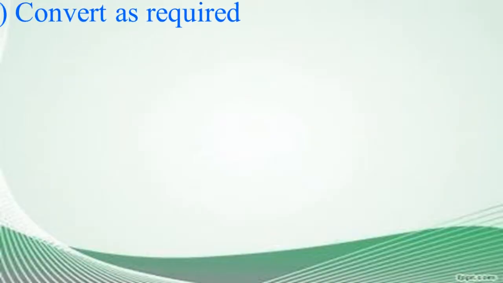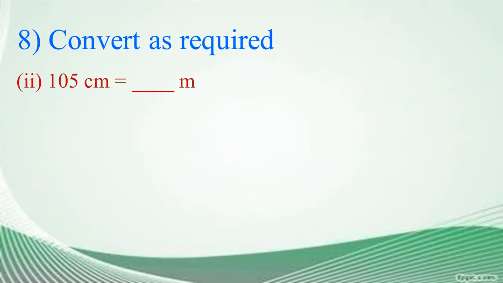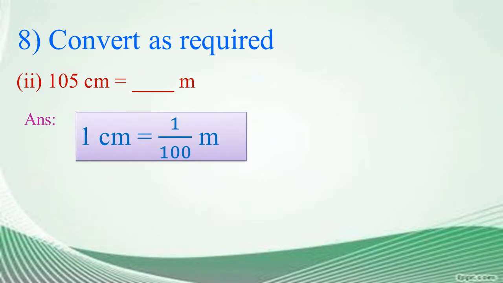Next, eighth problem. Second sum. 105 centimeter equal to dash meter. Here we convert a centimeter into meter. We know 1 centimeter equal to 1 by 100 meter.